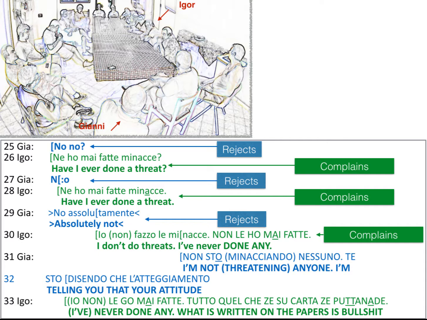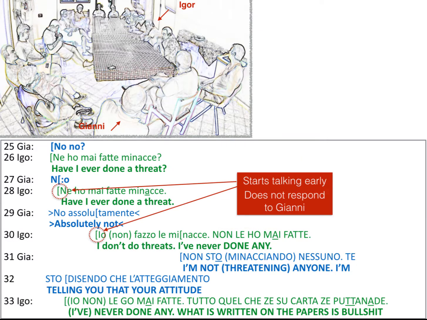The staff member rejecting the client's perspective, the client effectively carrying on with his complaint, and then Gianni trying to go back to his own complaint. And there are signs of an emerging escalation here, by way of the client coming in a bit early, starting to talk whilst the staff member is still talking.